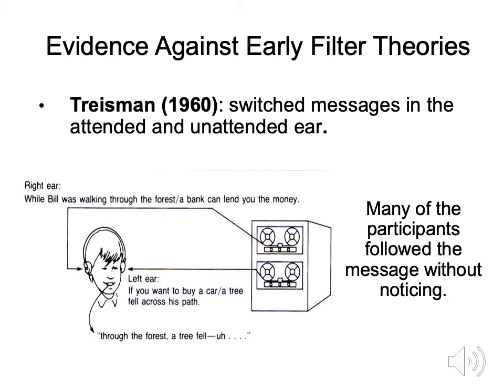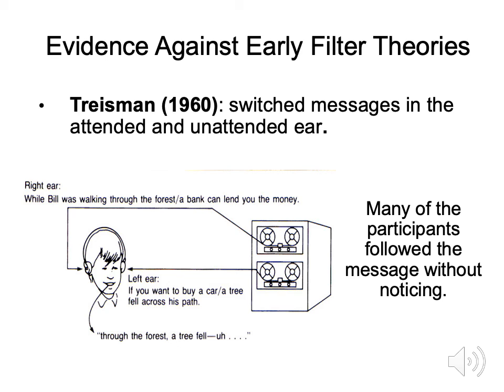The coherent messages that were presented but split across the two ears were, "While Bill was walking through the forest, a tree fell across his path," and "A bank can lend you money if you want to buy a car." If the early filter model is correct, then the person should report what was heard in the attended ear. So what they should report is, "While Bill was walking through the forest, a bank can lend you money."